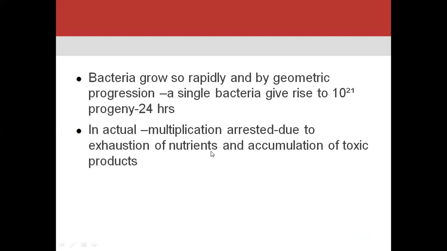Because of exhaustion of nutrients. After a certain period in the culture media, the nutrients are exhausted. And not only that, there is accumulation of toxic products. The bacteria release end products into the culture medium itself, so they are toxic to the other bacteria. That's why bacterial growth is arrested.